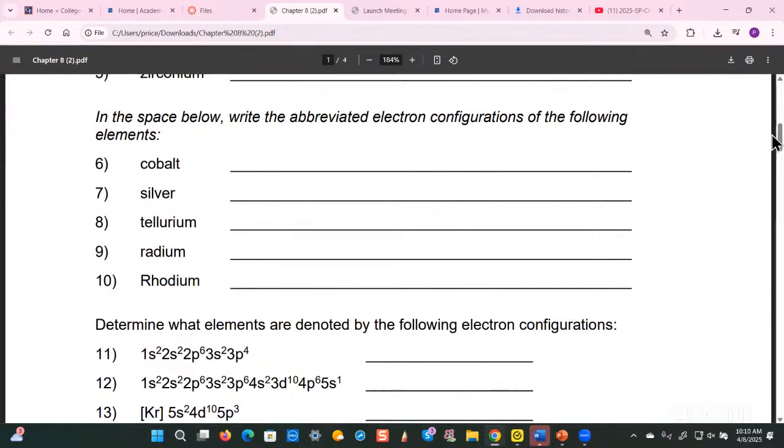So it's the first noble gas? Exactly. No, not the first element, but the group A element that comes before cobalt in this case. So argon is here, and you're going to use that in writing down the abbreviated electron configuration. In the meantime, just so you can do it.